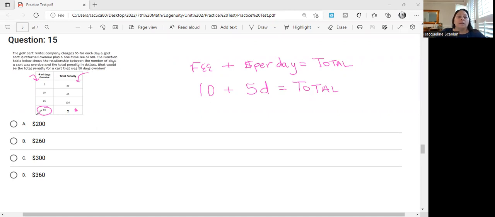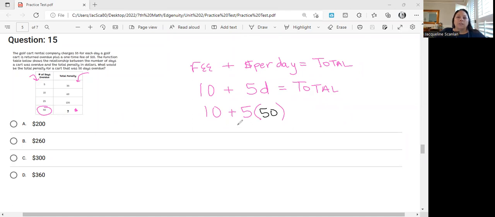So I can take that number 50 and substitute it in for D, which represents the number of days. So I'm going to do 10 plus 5 times, and instead of D, I'm going to say that golf cart was 50 days overdue. I wonder what was going on with that golf cart.